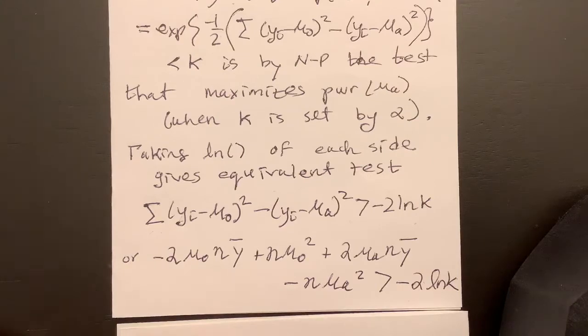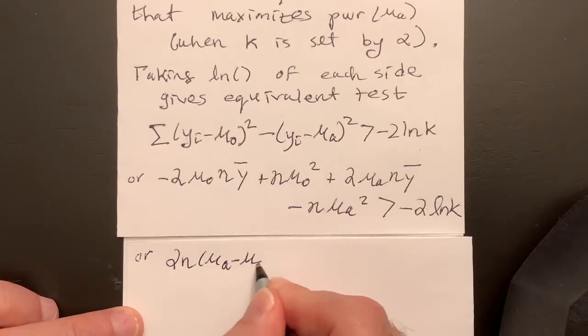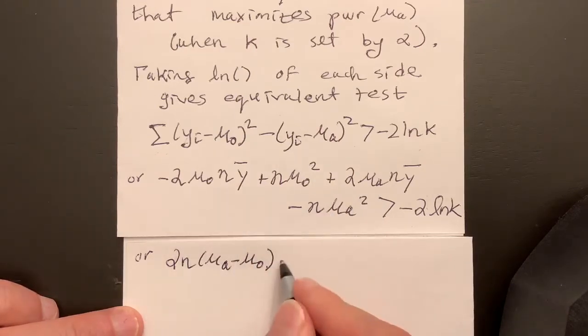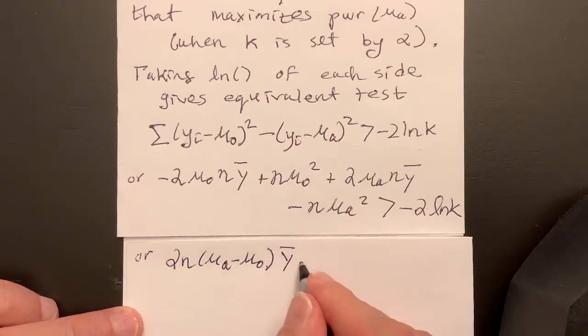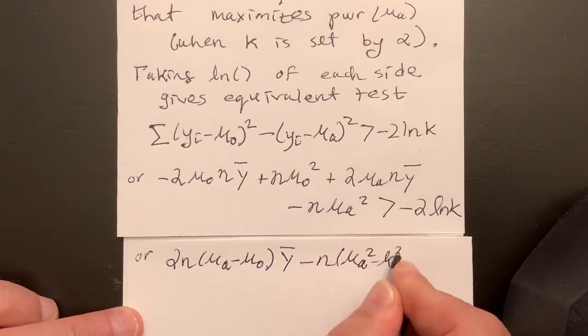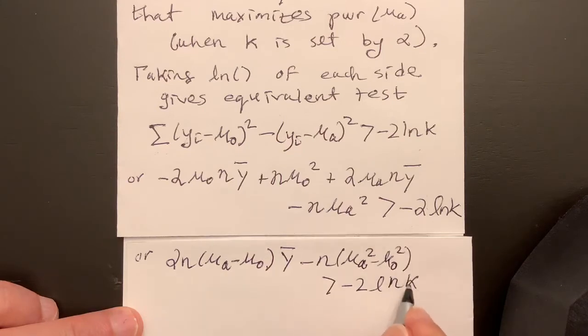What do we have? 2n (mu a minus mu 0) y bar, minus n (mu a squared minus mu 0 squared), and still greater than -2 ln k on this side.